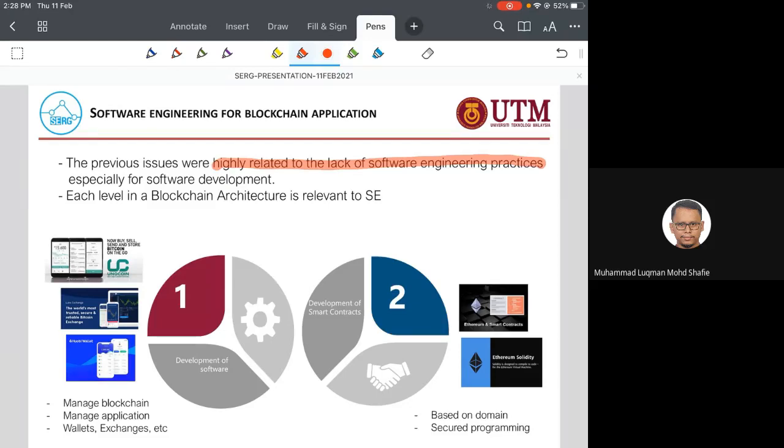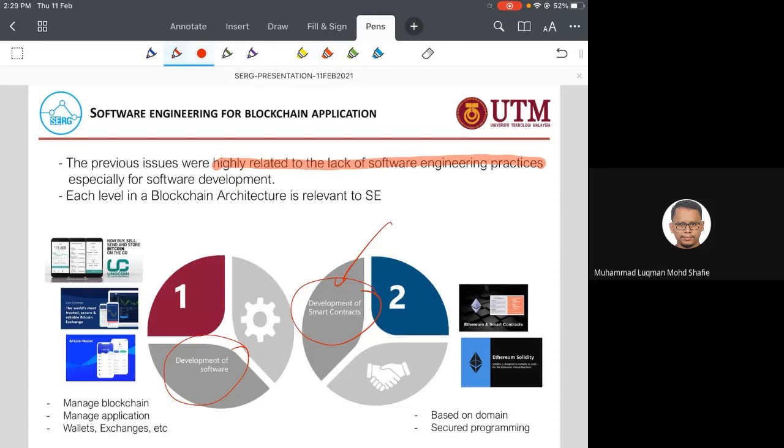If you want to apply the software engineering practice, you need to focus on two things. The first one is the development of the software, and the second one is the development of the smart contract. If anyone here wants to jump into blockchain research for software engineering, I suggest you go for the smart contract, because the smart contract concept is actually very powerful.